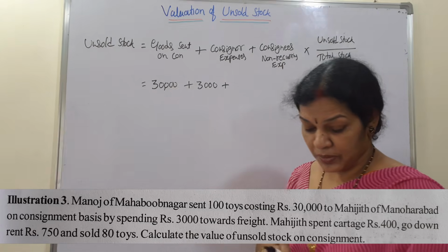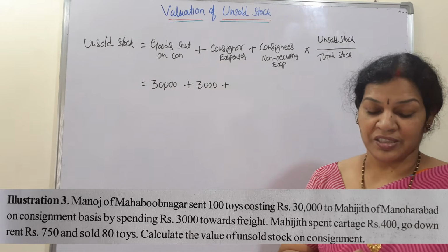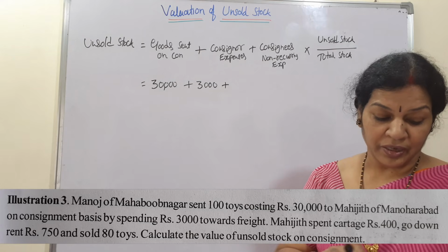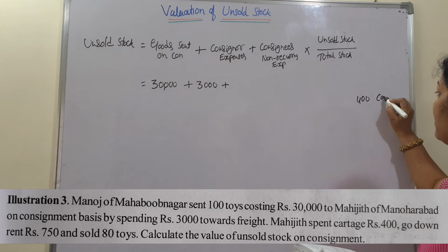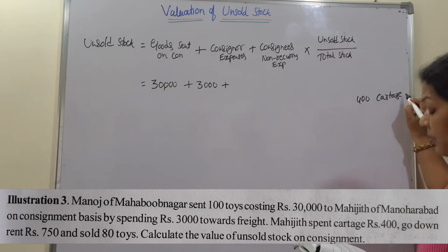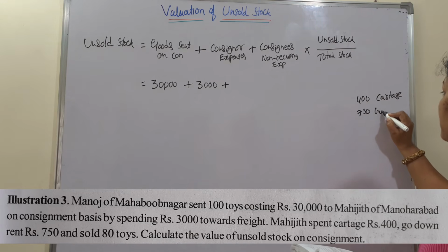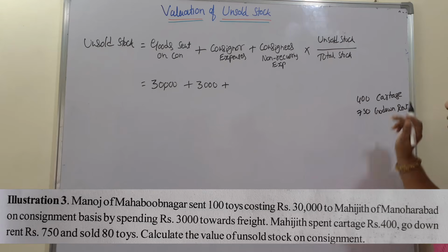Next, consignee expenses you see. Mahijit means consignee. Mahijit spent cartage 400 and godown rent 750. Cartage means generally transportation. Only one time you pay. So this is non-recurring expenses.